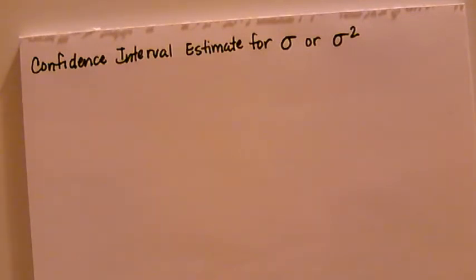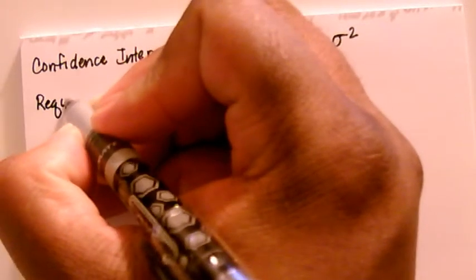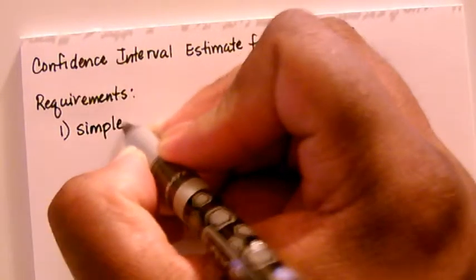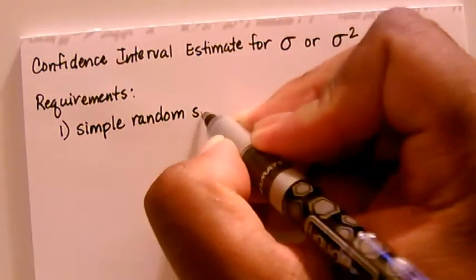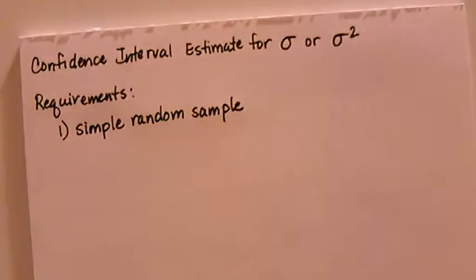Okay. In this case, there are two requirements to do this. Number one, you must have a simple random sample, meaning that samples of the same size have an equal chance of being selected out of that population. So you must have a simple random sample.